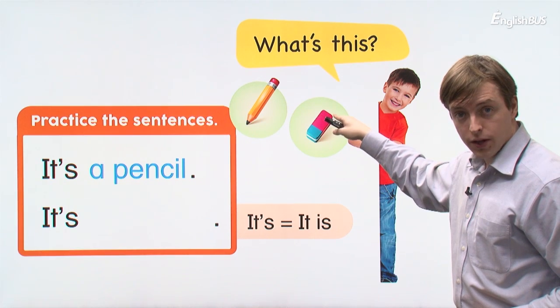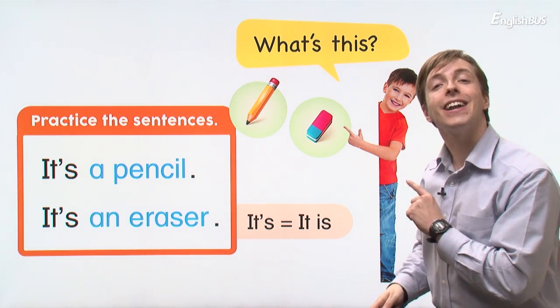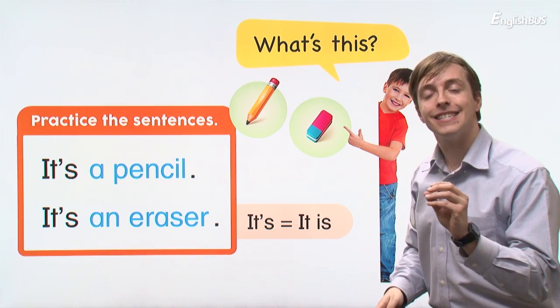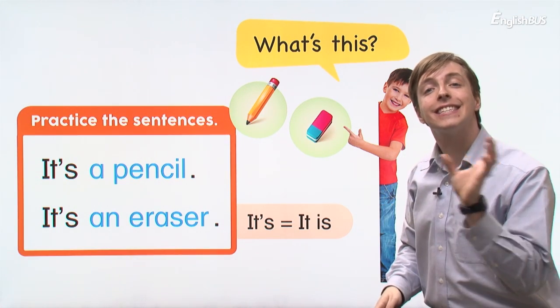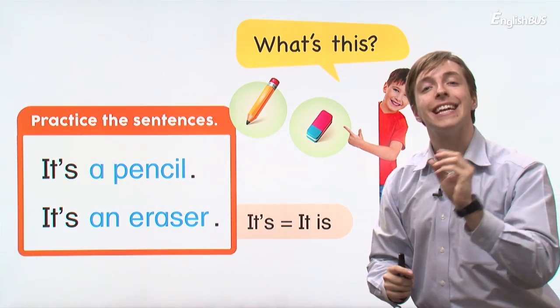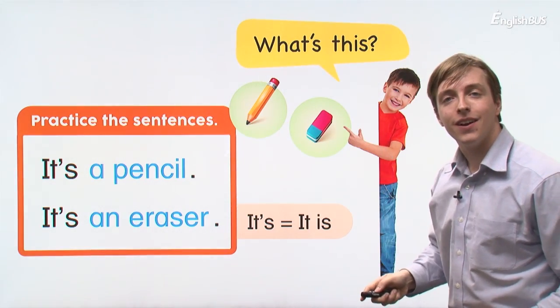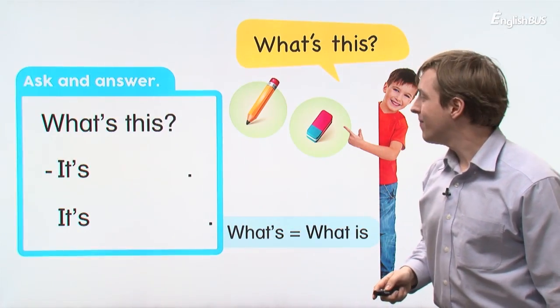Let's try it for this word here. Do you remember this word? That's right. It's an eraser. It is an eraser. It's an eraser. So it is becomes it's. It's a pencil. It's an eraser. Let's do some more.